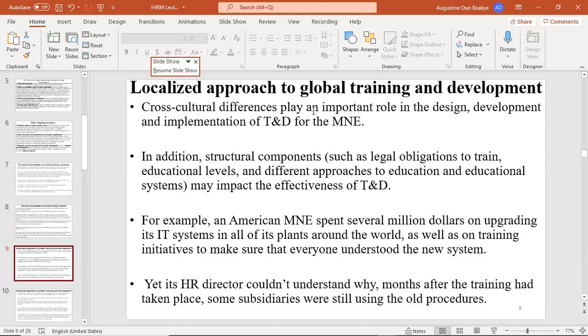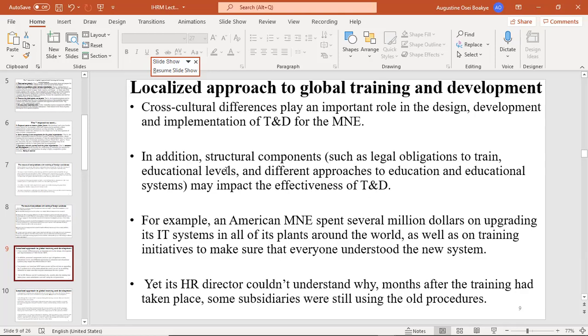Cross-cultural differences play an important role in the design, development, and implementation of T&D for multinational enterprises. In addition, structural components such as legal obligations, educational levels, different approaches to education, and educational systems may impact the effectiveness of the training and development.